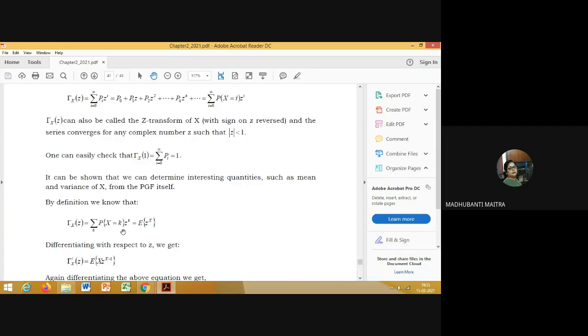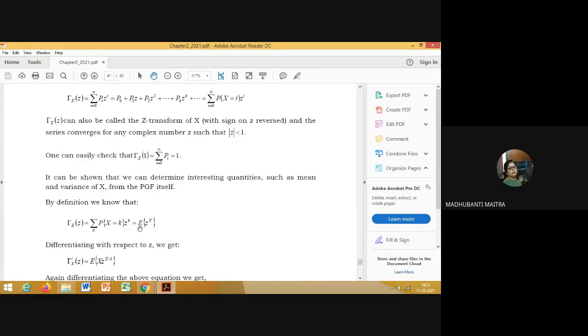Now this can be generalized as the expected value of this function, where we are changing k to a variable x. This is basically the part fx dx, that is the probability part, and this is the function z to the power k.